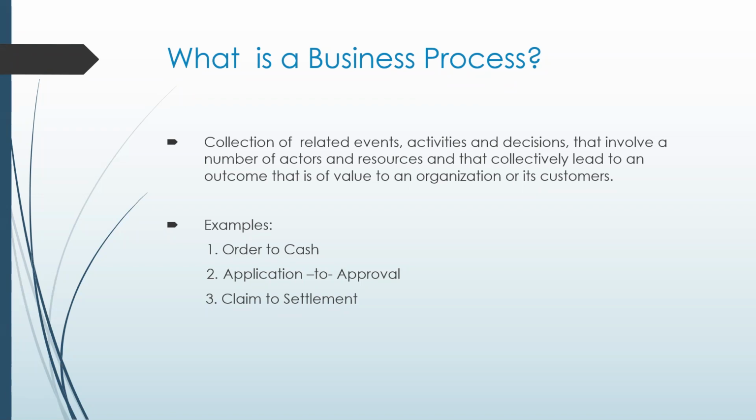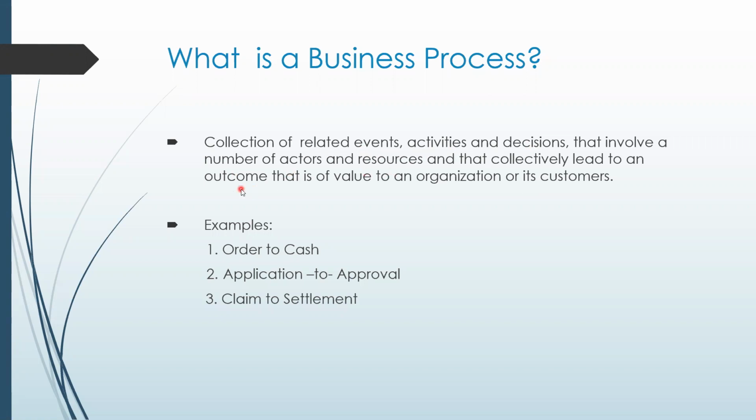Okay. And when I have to check whether a process can be qualified as a business process or not, I need to check these kinds of entities. Okay, so what are those? I have 6 aspects here. First one is the events. Then I have activities, then decisions, actors, resources, and outcome.